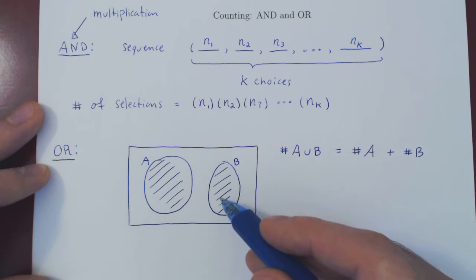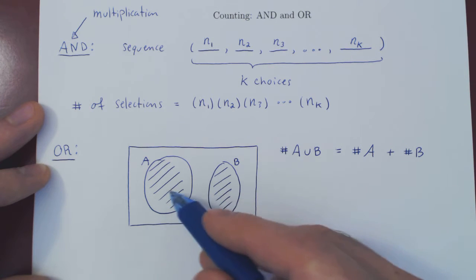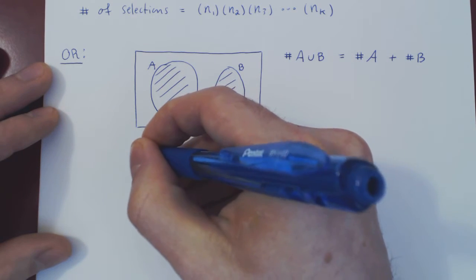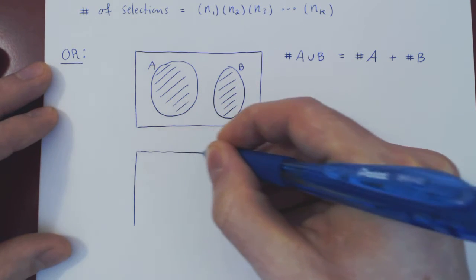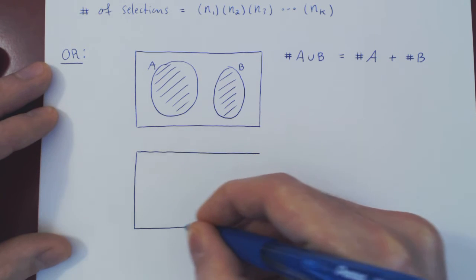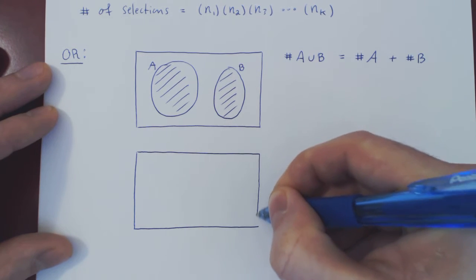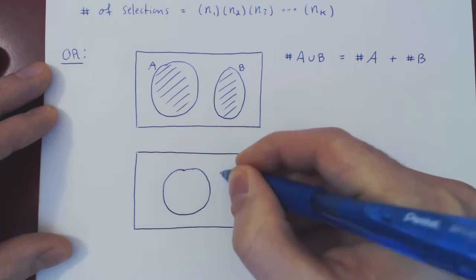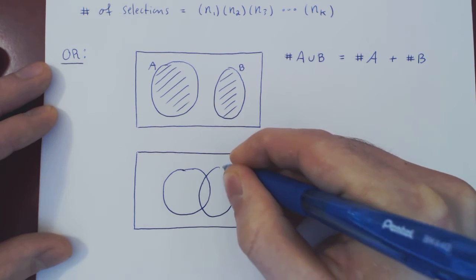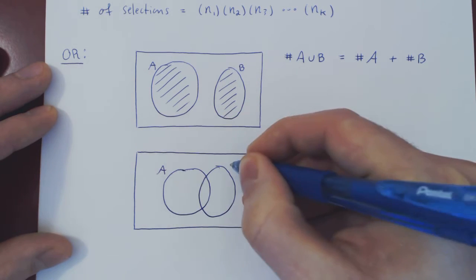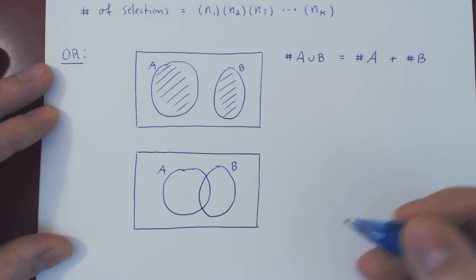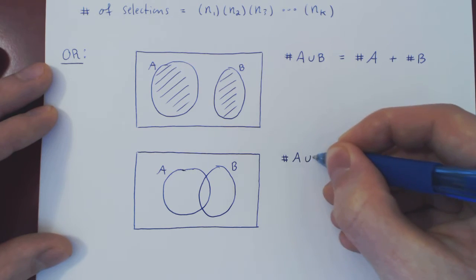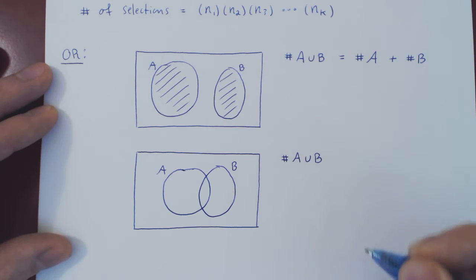But there is a possibility that A and B could be overlapping. So what if we have now the following situation? Again, we're asking for the same thing, to count all the elements coming from either A or B. But now some elements are common to both A and B. Once again, we want the number of elements coming from A or B, so the size of the union.